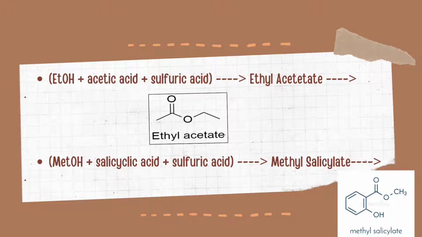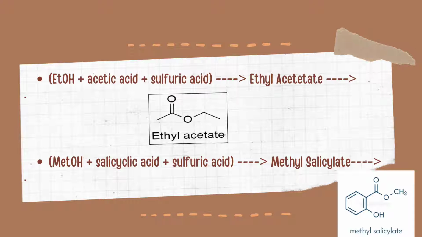The second reaction is MeOH plus salicylic acid plus sulfuric acid. Its name is methyl salicylate, and the structure for methyl salicylate is this. Methyl salicylate is an ester salicylic acid derivative found in many plants.